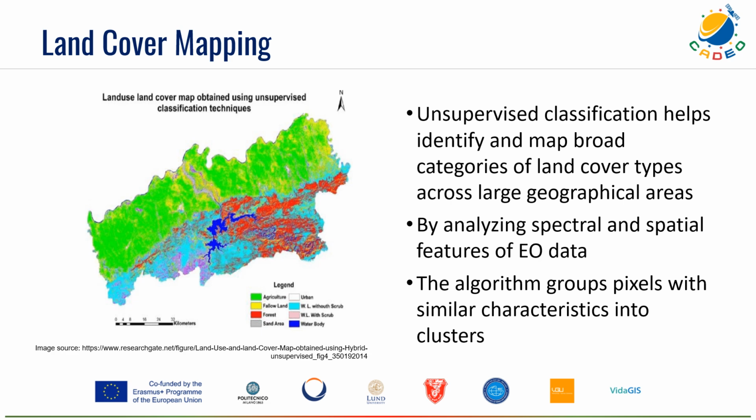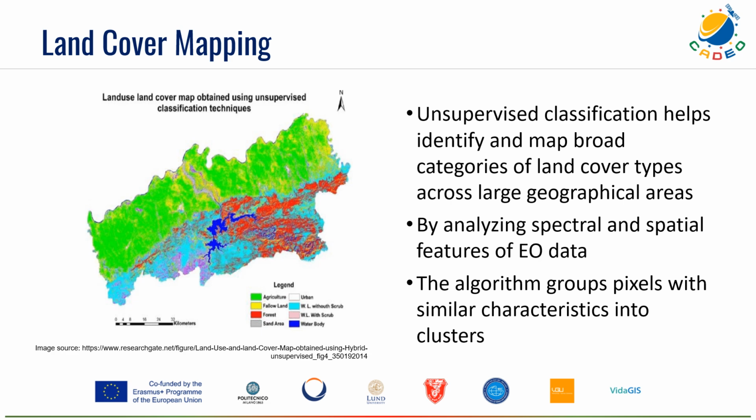Unsupervised classification can identify and map broad categories of land cover types across larger geographical areas. By analyzing spectral and spatial features of Earth observation data, the algorithm groups pixels with similar characteristics into clusters.